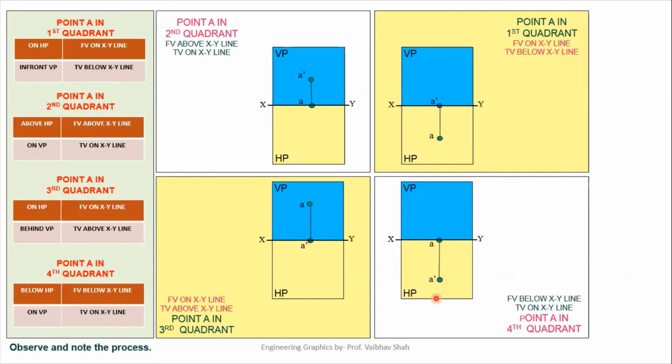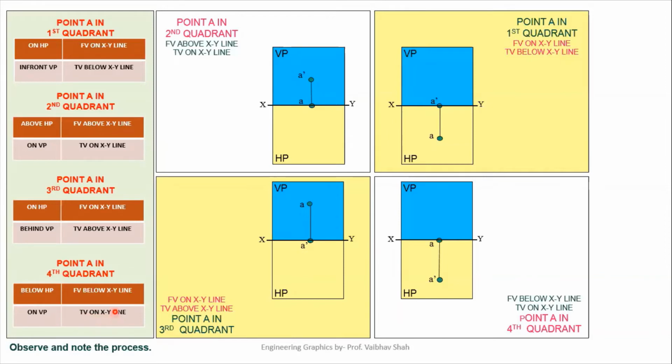Now let us understand point A in fourth quadrant. In this case the point would be below HP and on VP. If your point is below HP, we'll have our front view below XY line, that means point A dash below your XY line. And on VP means our top view will be on XY line, that means point A would be on XY line.